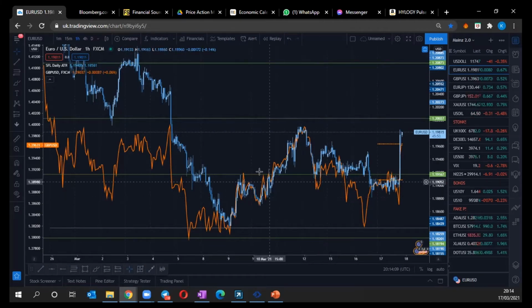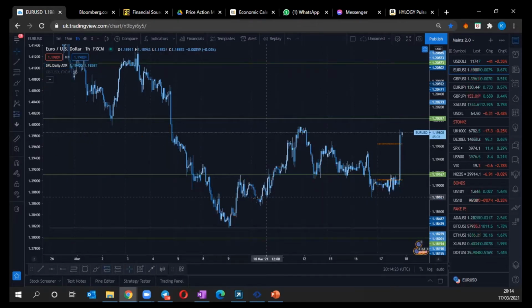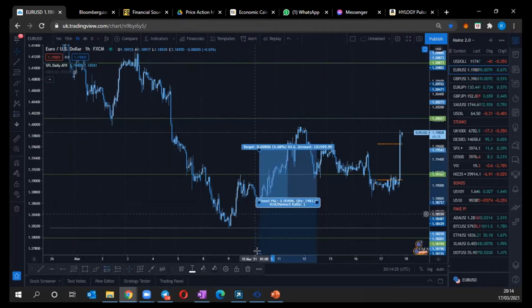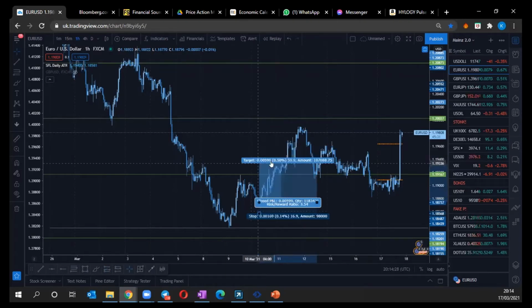Sometimes you might have a trade open in the euro dollar, and then you see the pound dollar, let's say I'm going long in this market from there. And then all of a sudden you see the pound dollar going down.